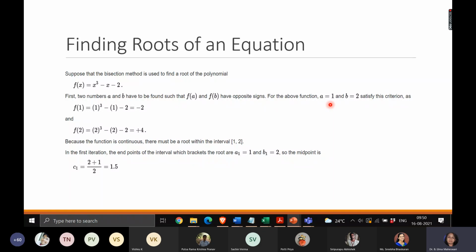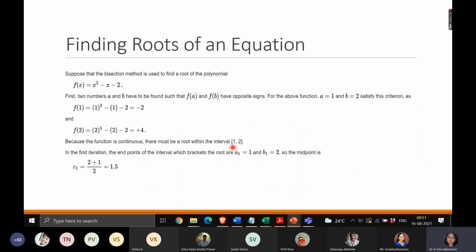I will find f of A and f of B. If you apply 1 instead of x, you will get minus 2. If you apply 2 to x, you will get plus 4. Now, because the function is continuous, there must be a root within the interval 1 and 2. That is our assumption.